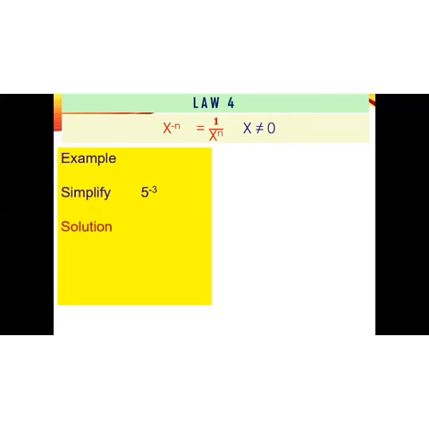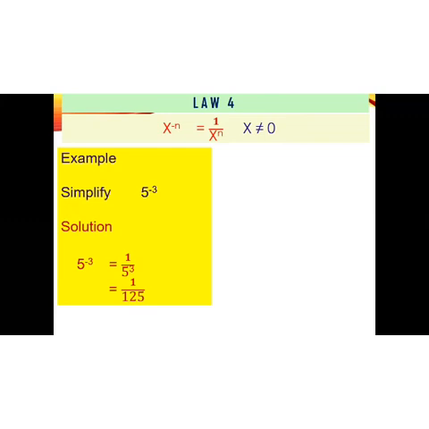So 1 over 5, and then the minus in front of the power disappears. So 1 over 5 raised to the power of 3. Okay, so 5 raised to the power of 3, of course, is 5 times 5 times 5, which gives us 1 over 125. I hope you're good with that.